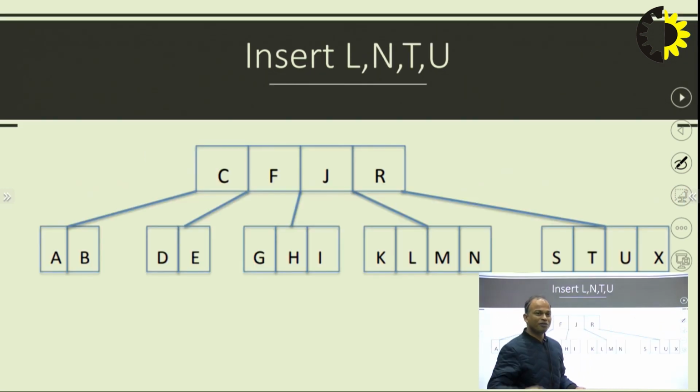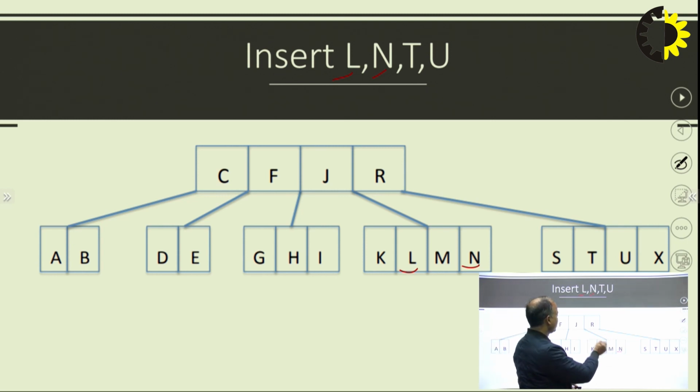And now we want to insert other keys like L, N, T and U. L is greater than J, smaller than R, L is placed here. Then N is further greater than J, smaller than R, so N is placed here.